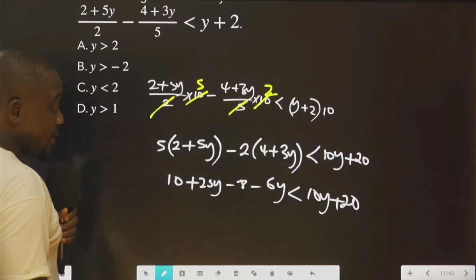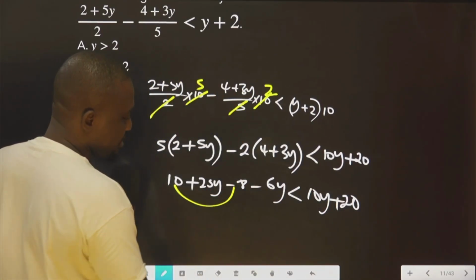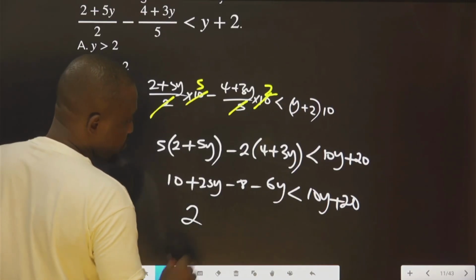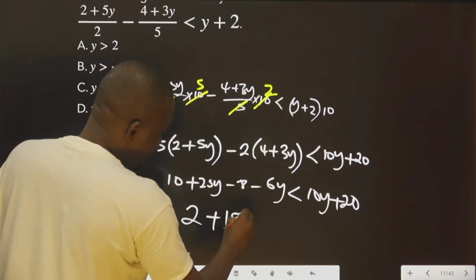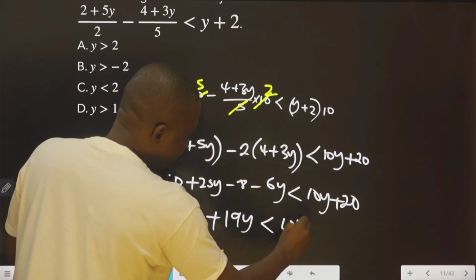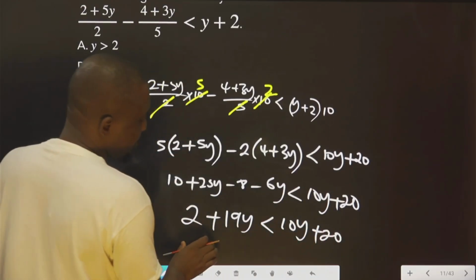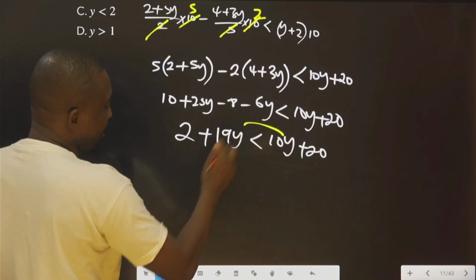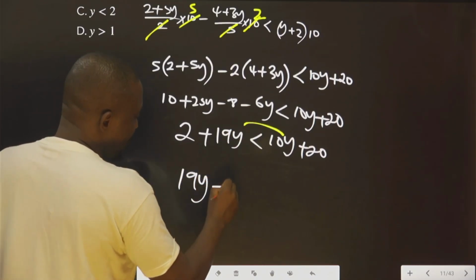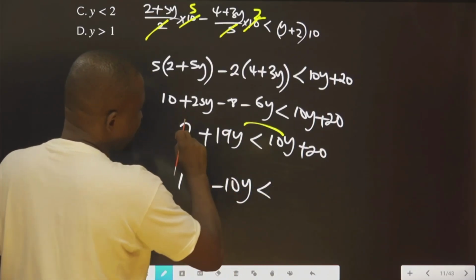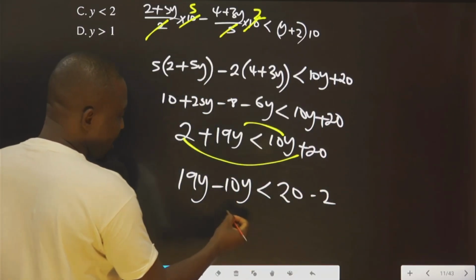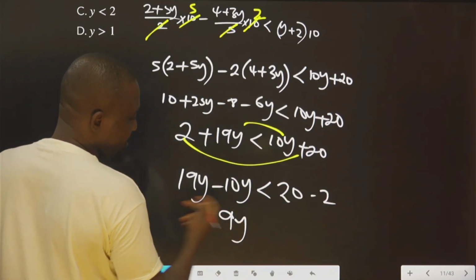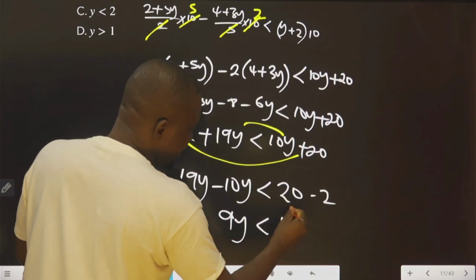Okay? Now this and this will produce 2. This and this will produce 19y. This will come here to have 19y minus 10y. This will come here to have 20 minus 2. This will produce 9y. This will produce 18.